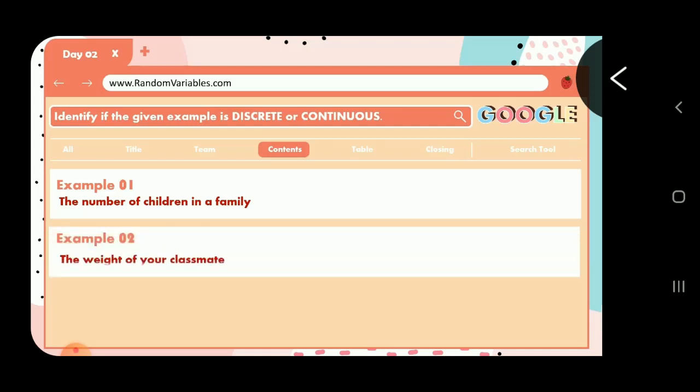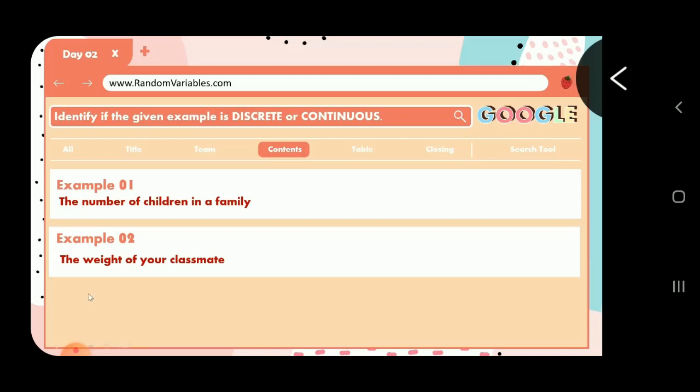Example number 2: the weight of your classmate. Is this discrete or continuous? The correct answer is continuous random variable.